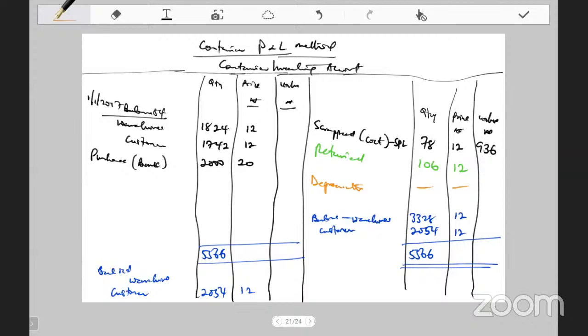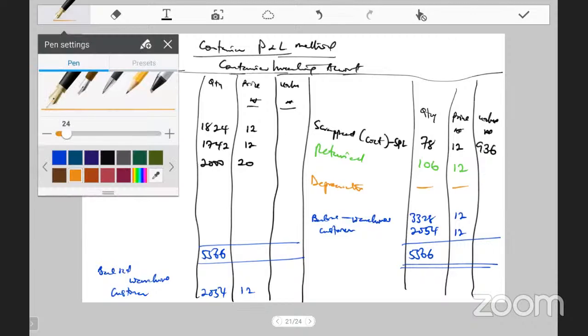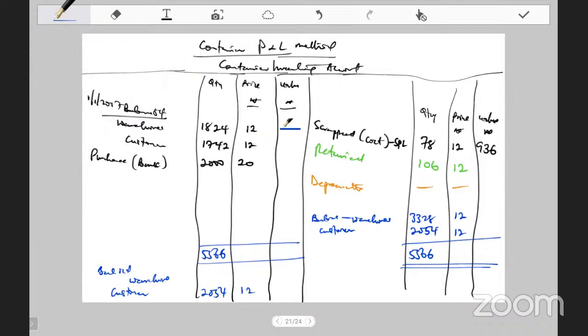1824 times 12. That gives me 21,888. Then 1742 times 12. That is 20904.